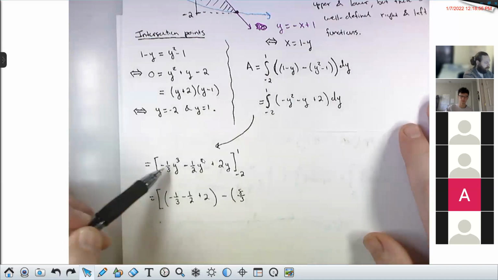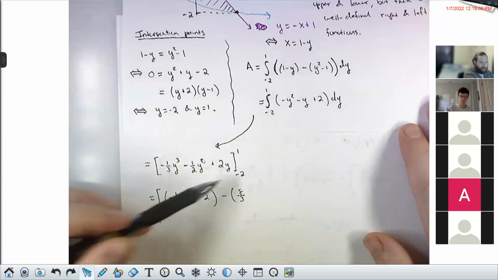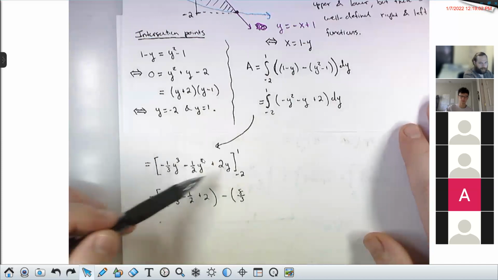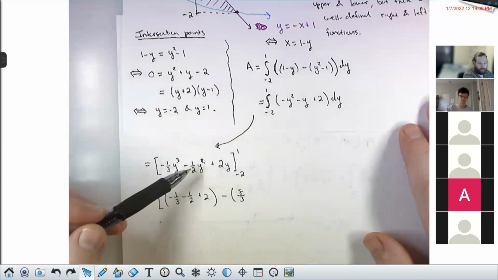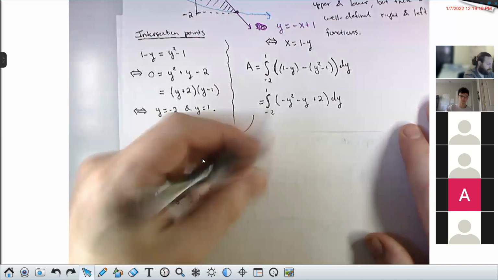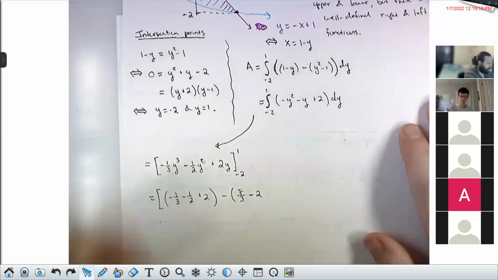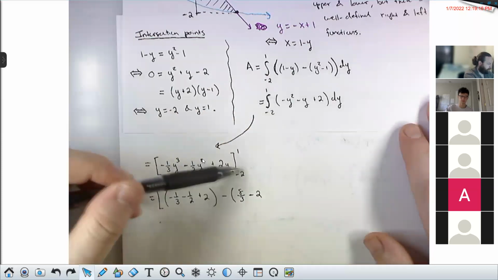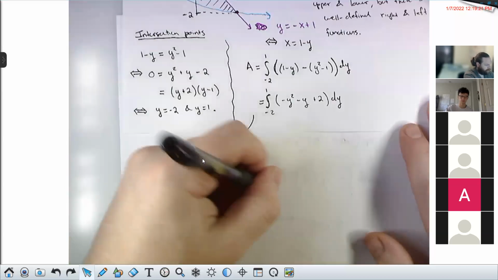Plugging the negative 2 in here gives me positive 8/3. If I plug the negative 2 in here, I've got negative 2 squared is positive 4. Positive 4 times negative 1/2 is negative 2. So minus 2 there. And then finally, plugging the negative 2 into the 2y, I just get 2 times negative 2 is negative 4.